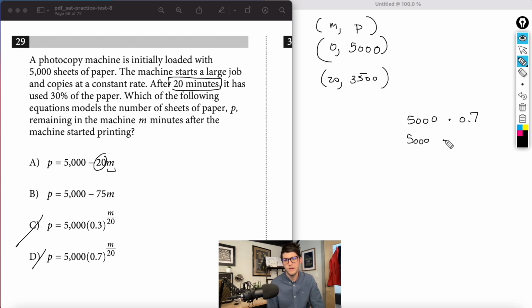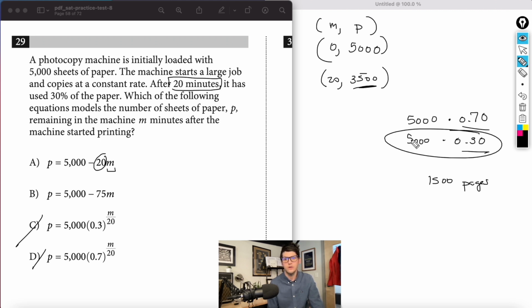Or you could say 5,000 times 0.3. And sometimes it's easier to think of this as 0.70 and 0.30, as in 70% and 30%. It means that you've eliminated here 1,500 pages, right? That's how you get to this value off of 5,000, right?